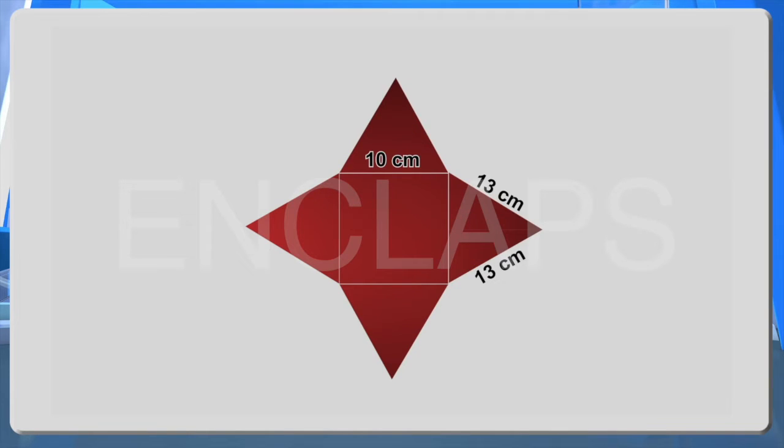What is the surface area of a square pyramid with base edges 10 centimeters and lateral edges 13 centimeters? The surface area is the area of paper needed to make it. How will it look?